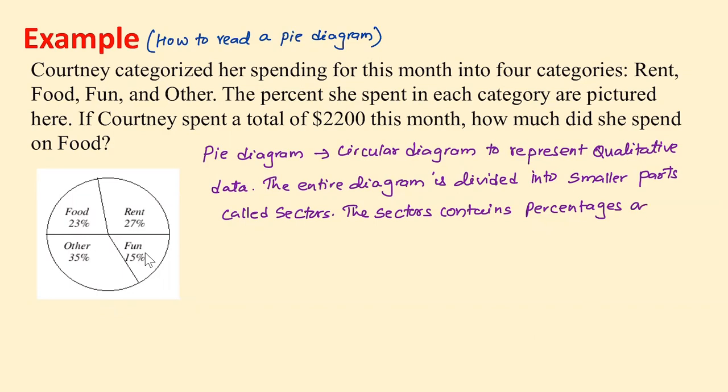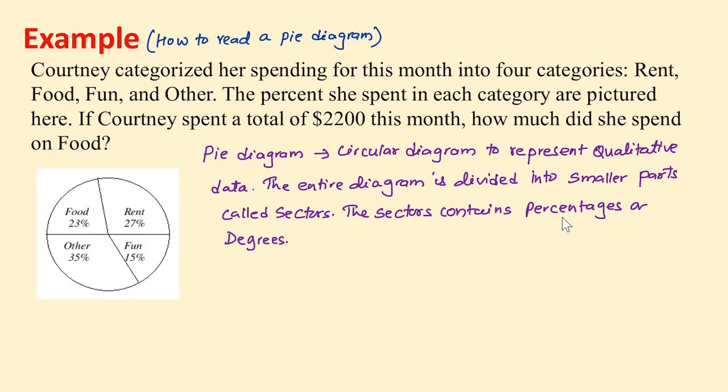Or it may have the degrees, because if we measure the angle of each of these, then in that case, we may have degrees. So if degrees are written here for each sector, in that case, the sum of all values will be equal to 360.